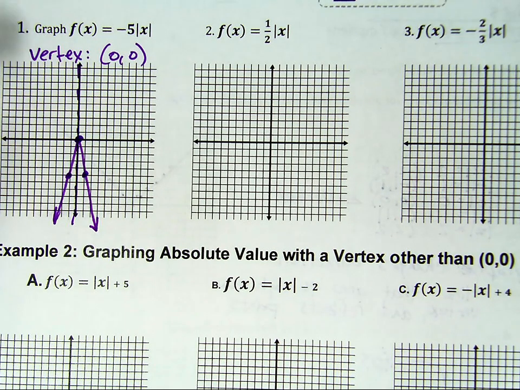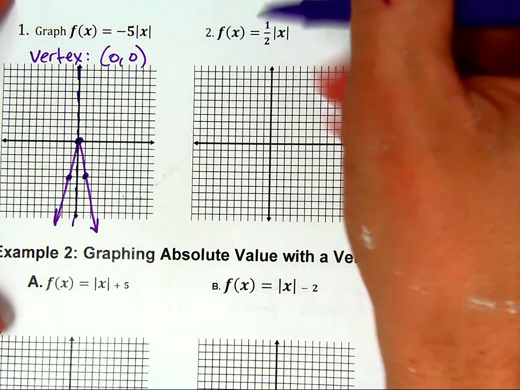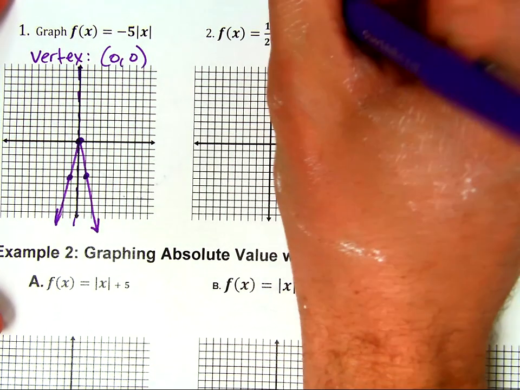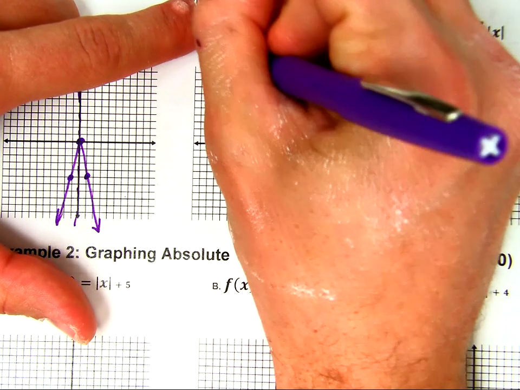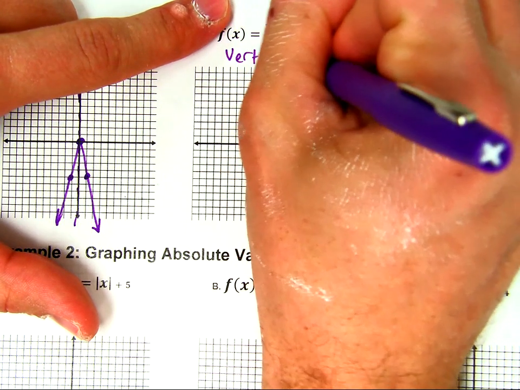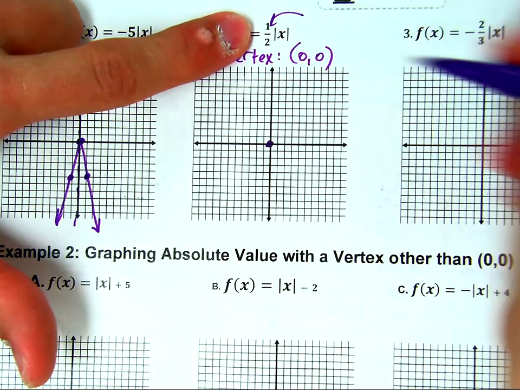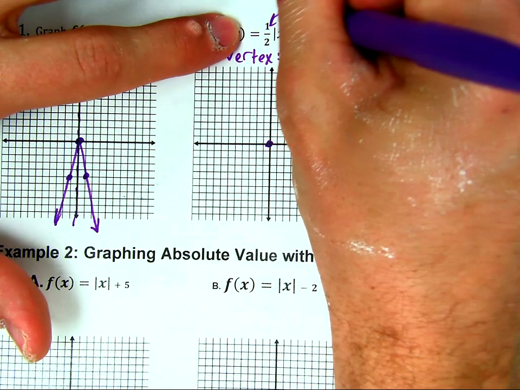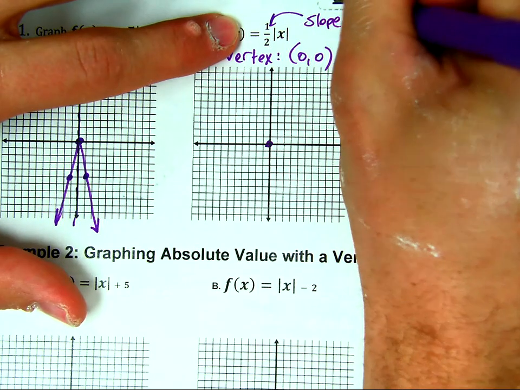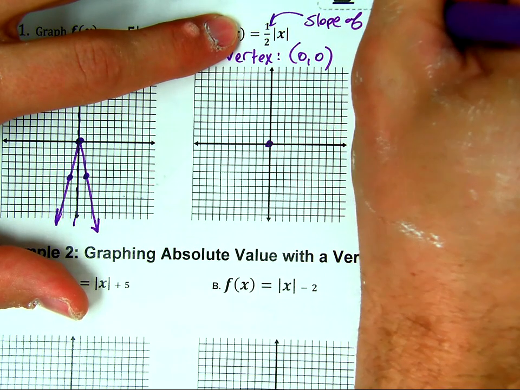The next one, we have 1/2 the absolute value of x. Our starting point, our vertex, is still going to be at 0, 0. We're multiplying it by 1/2. So if you think of this as a slope of 1/2, remember slope is rise over run, right?